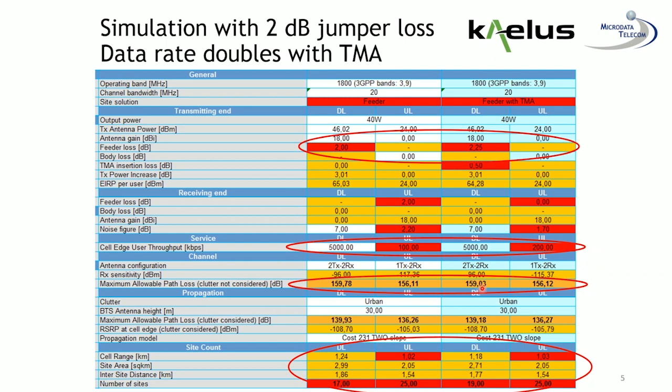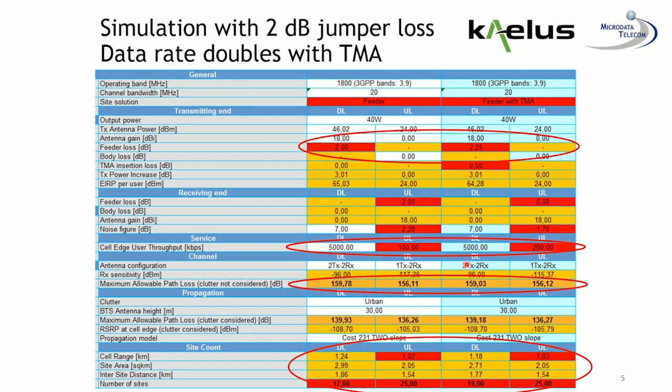With TMAs, we have now lost almost 1 dB in downlink due to the added jumper and the 0.5 dB of TMA loss. But with 200 kilobits and the TMA, we still have exactly the same allowable path loss in uplink. So with this situation with the TMA, we still have 3 dB of overpower, so to say, with 5 meg in downlink.